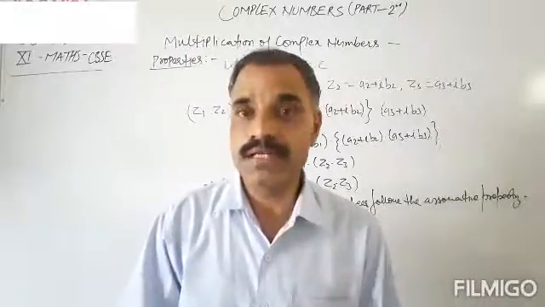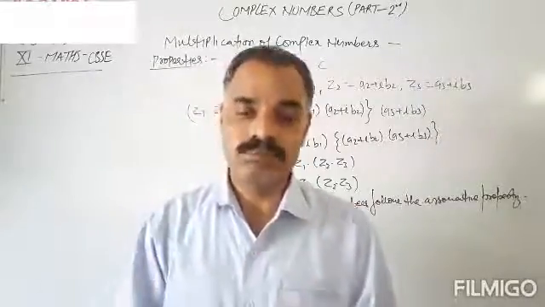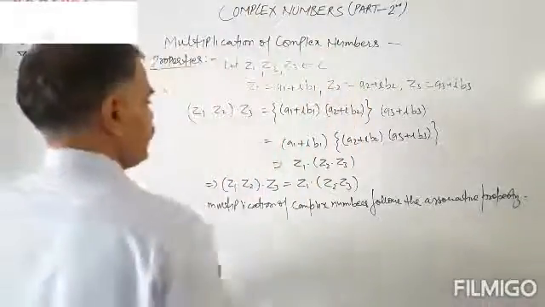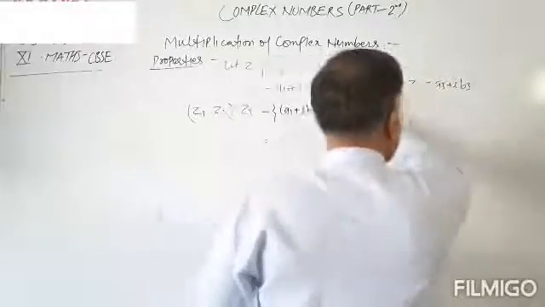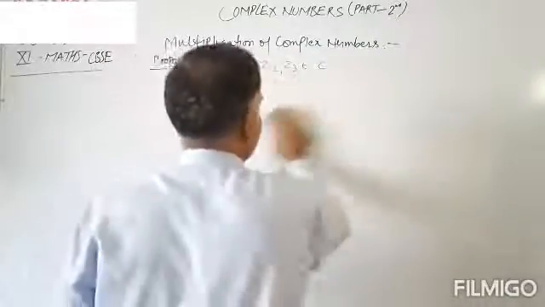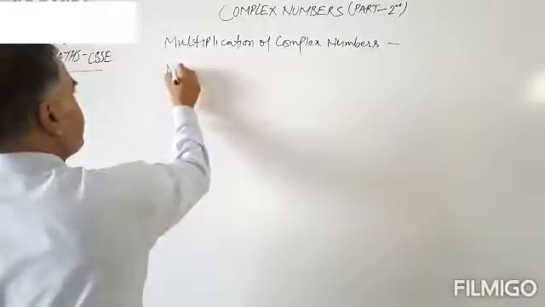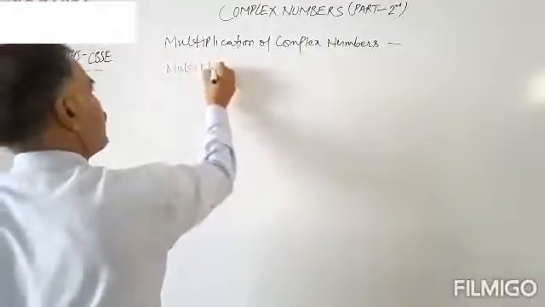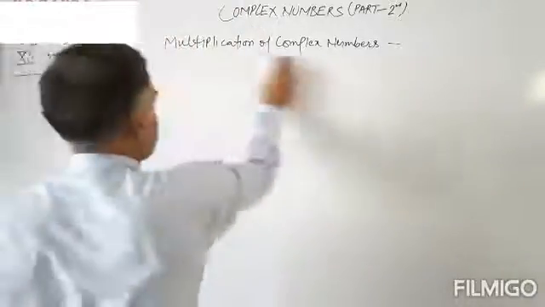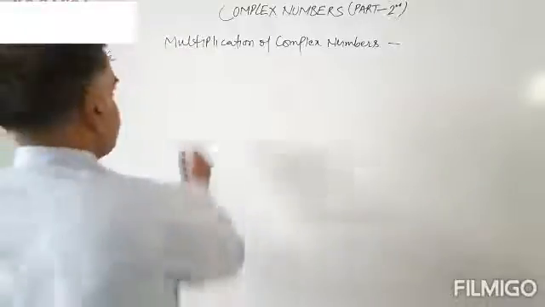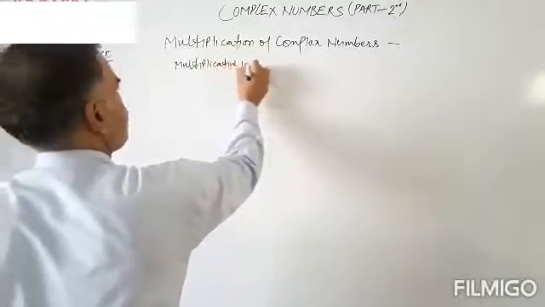Now we will discuss the multiplicative identity of complex numbers. The next property is the multiplicative identity, an important one also.